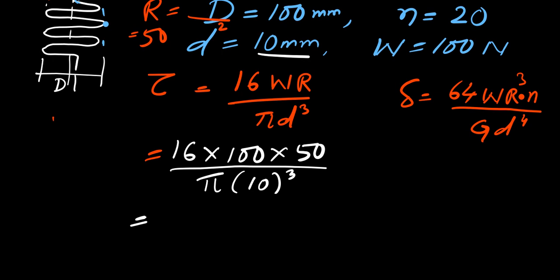Let us calculate this on the calculator: 16 into 100 into 50 by pi into 10 to the power of 3.